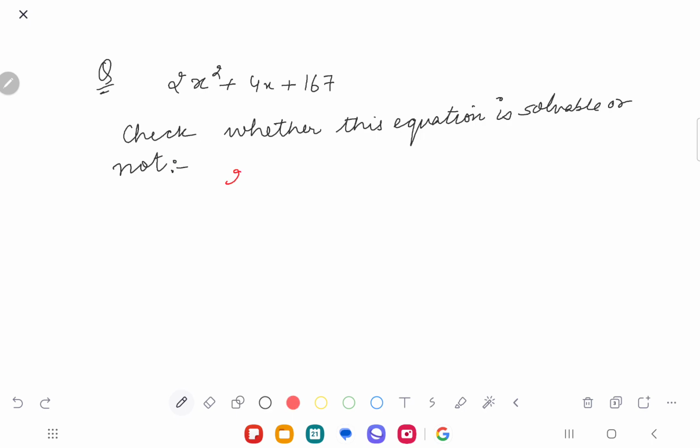Okay. So 2x square plus 4x plus 167 equals 0 is my given quadratic equation, and I have to see whether this quadratic equation is solvable or not.